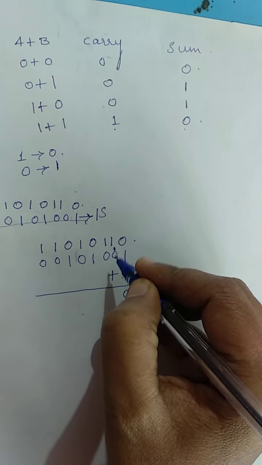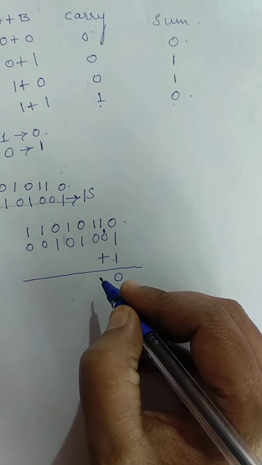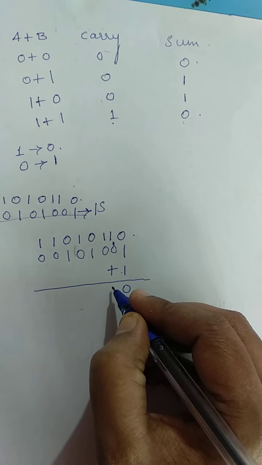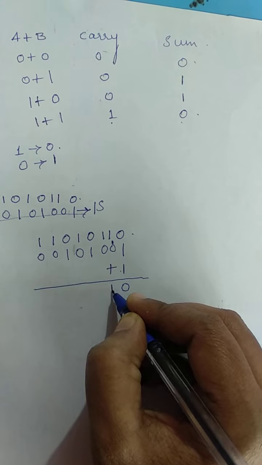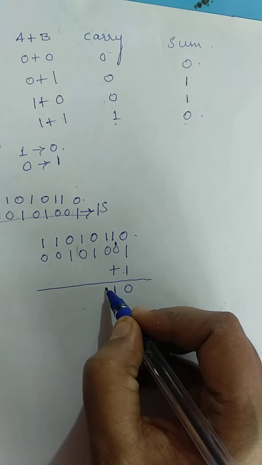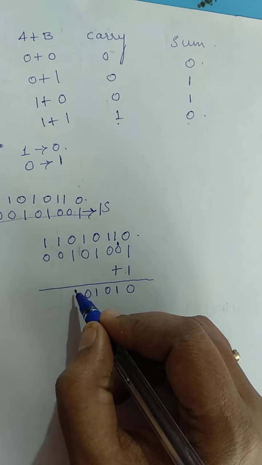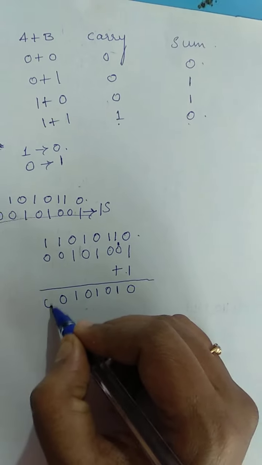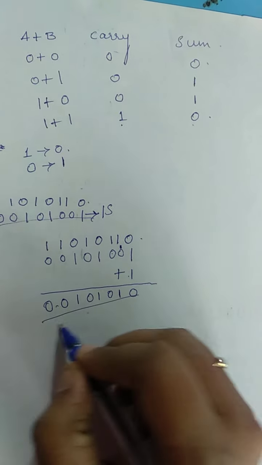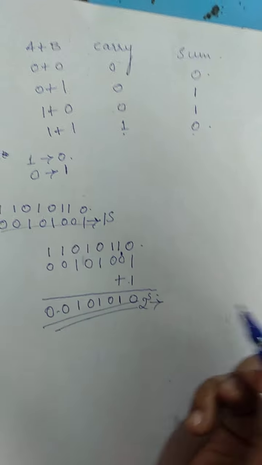Then 1 plus 0, carry will be 0, sum will be 1. So the remaining are 0, 0 plus 1, 0, 1, 0, 0. This is the answer for 2's complement.